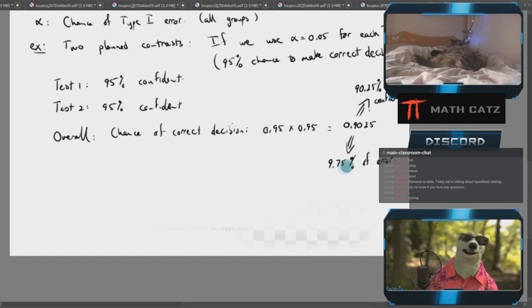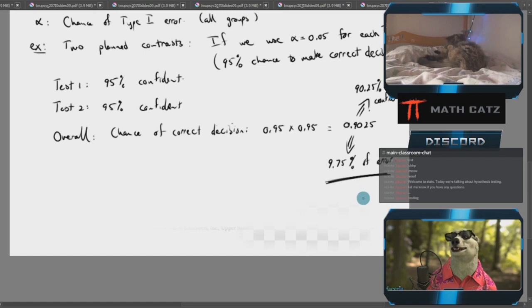So a rough rule of thumb could be, it's roughly 10%. In truth, it's a little less, but it's a good rule of thumb to go on. That it increases dramatically. So the true chance of making an error in a decision somewhere, in one or more decisions, is actually much higher.